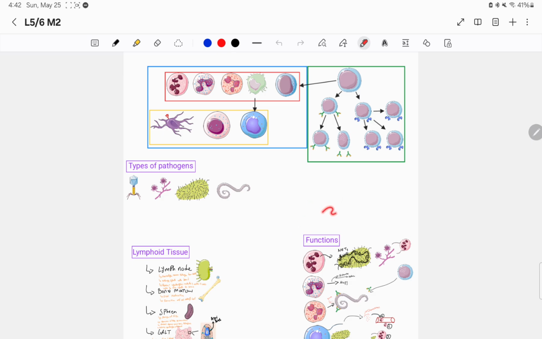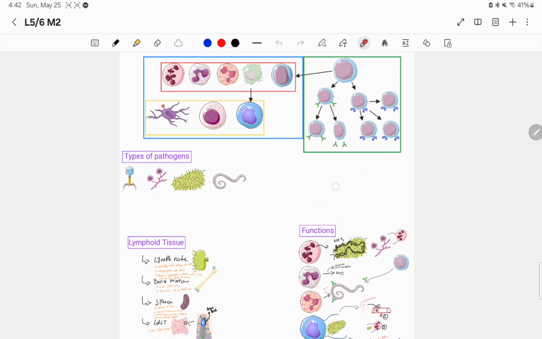Okay, it will identify and destroy any abnormal or mutated cells, for example, cancer cells. And it does that through kind of like a seek and destroy strategy, which we call immune surveillance. And unfortunately, sometimes the immune system can mount inappropriate responses, for example, by attacking your own cells or by being hyperactive for no reason, and that can lead to allergies or autoimmune diseases.